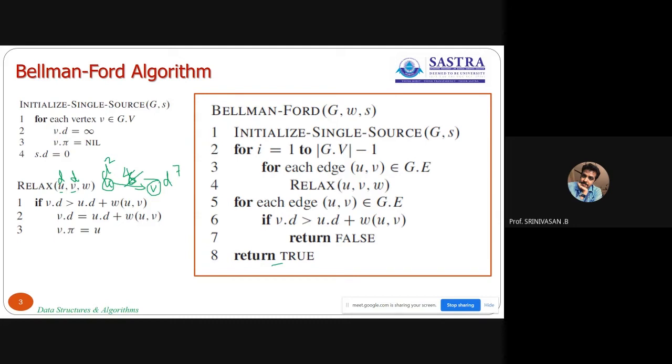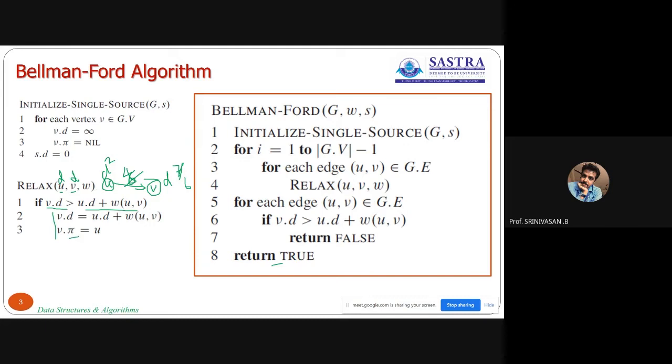Through this path we get the shortest distance as 6, but the already recorded shortest distance is 7, so I need to update it to 6. Now V's parent should be updated with U. So two updates happen. If V dot D is greater than U dot D plus the edge cost, then I have to update V dot D and V dot parent. That is a relaxation.